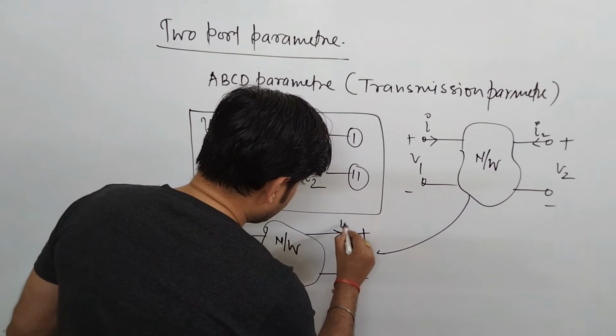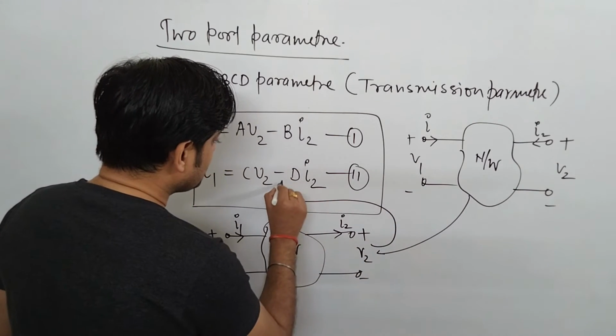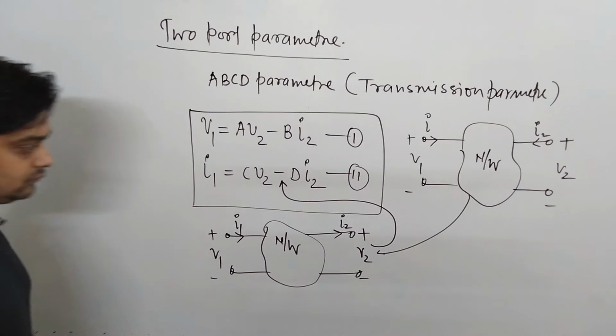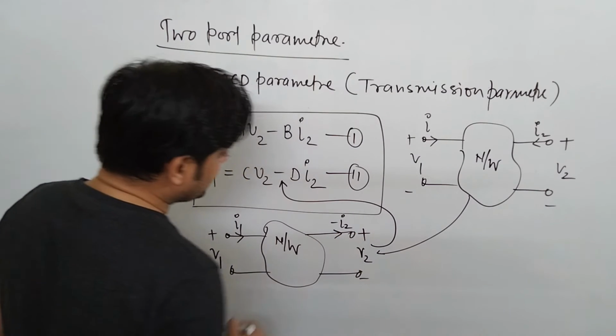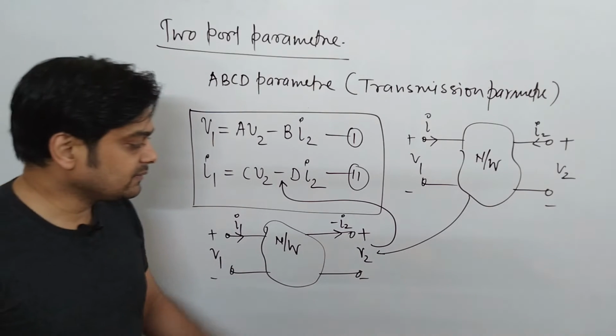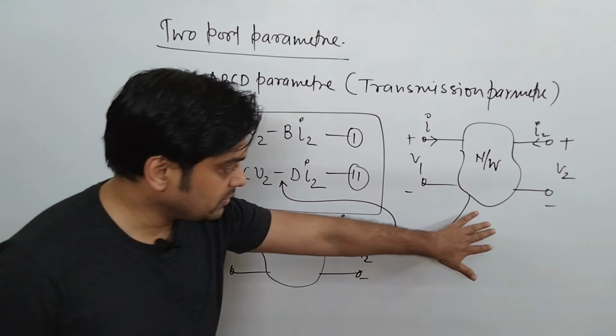The direction of I2 is here in this manner, and that's why this negative sign comes. This you can also write as minus of I2, because once you change the sign, this comes to be this.